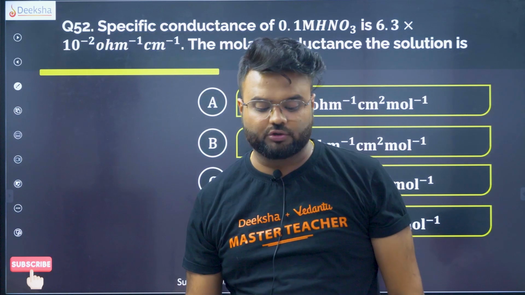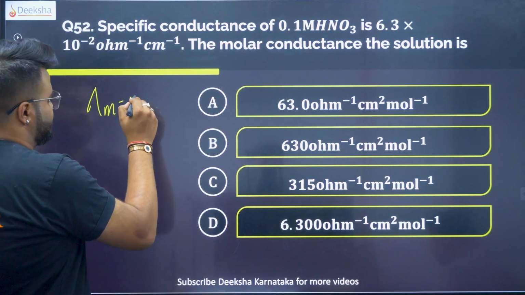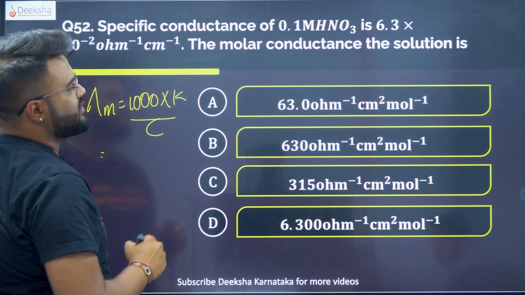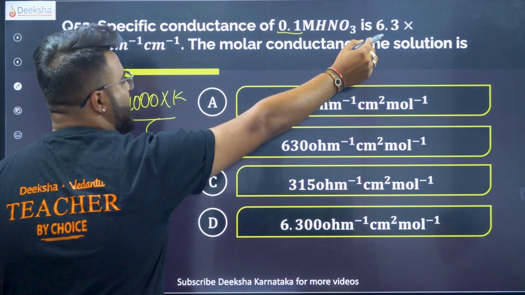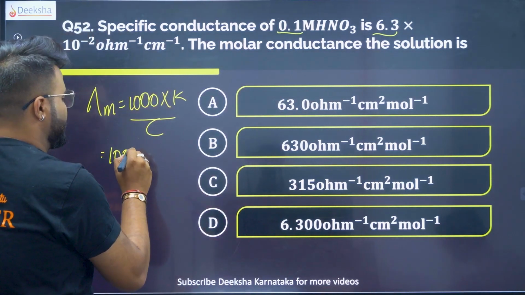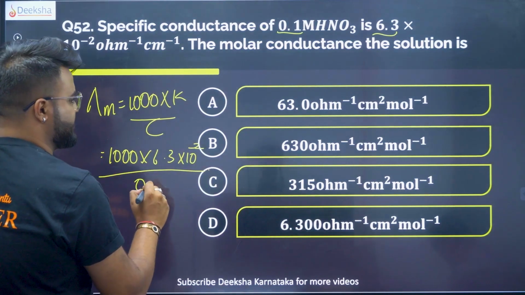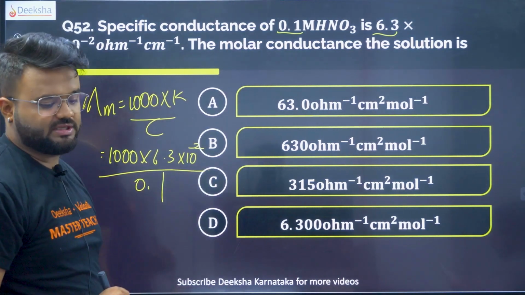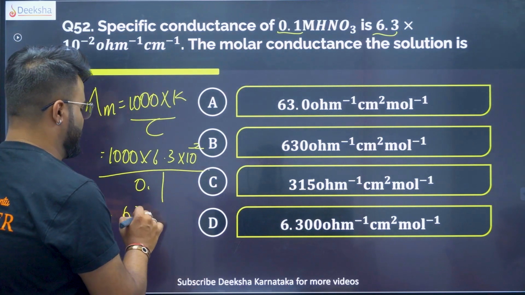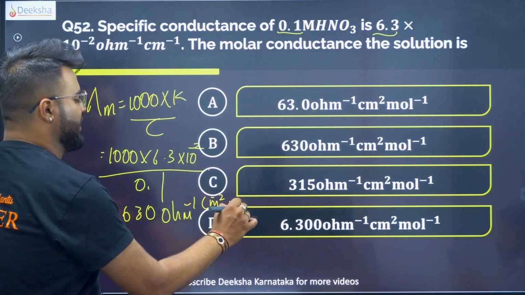Now we will be finding out the molar conductance, that is nothing but here the formula will be 1000 into K divided by C. Therefore, now we know the concentration 0.1 and K also we know, that is specific conductance. Then substitute in the formula 1000 into 6.3 into 10 to the power of -2 divided by 0.1. When you do this, you get your correct answer, that is 630 per ohm per centimeter square per mole.